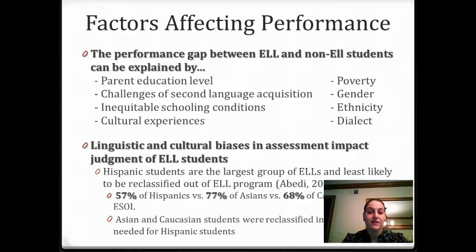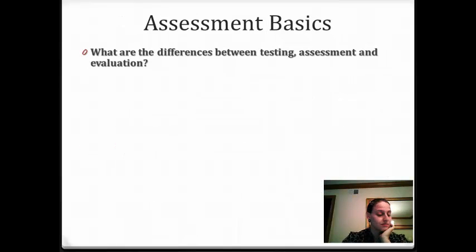So 57% of Hispanics versus 77% of Asians versus 68% of Caucasians were found to exit ESOL. So you can see here that Asian and Caucasian students are reclassified in half the time needed for Hispanic students, even though Hispanic students, ELL students, make up the majority in that ELL group. Okay, so there are certain linguistic and cultural biases in assessment that do harm ELL students.